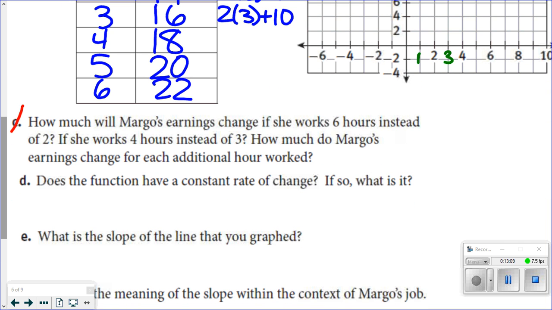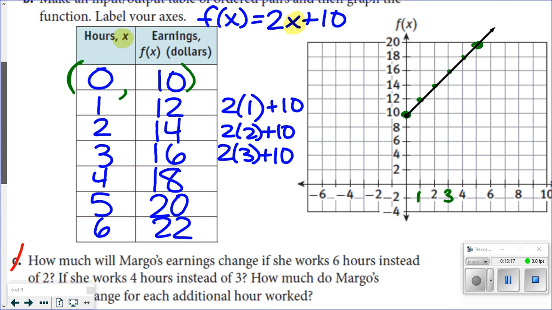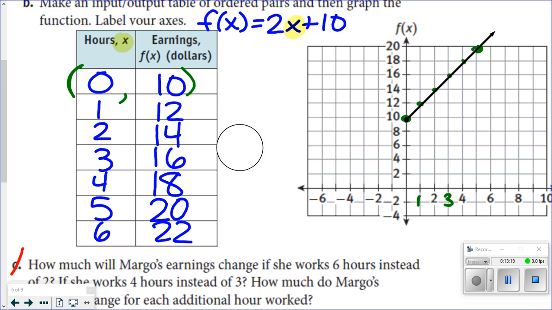Does the function have a constant rate of change? If so, what is it? In order to figure out a constant rate of change, let's look at our table here, and let's look at our hours. Are our hours increasing by the same thing every time?